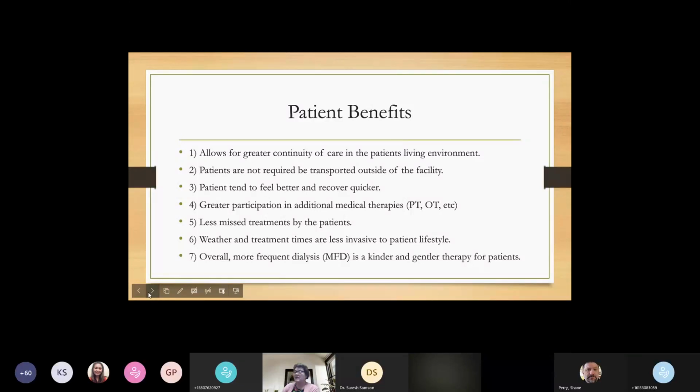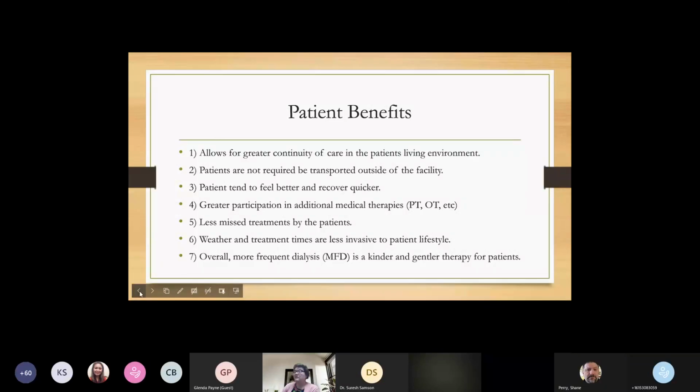They feel like they can engage more in their activities of daily living, and that is no different from our patients in an outpatient setting to our patients in an inpatient setting. So the patient benefits are relayed to us directly from the patients, and they do feel better and they do have more energy to participate.